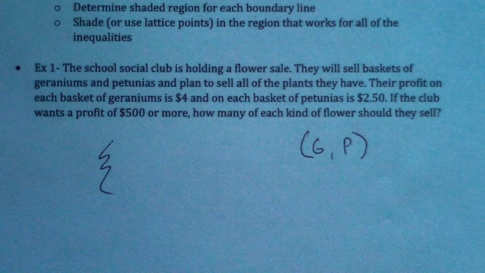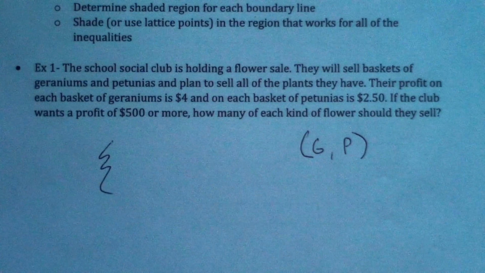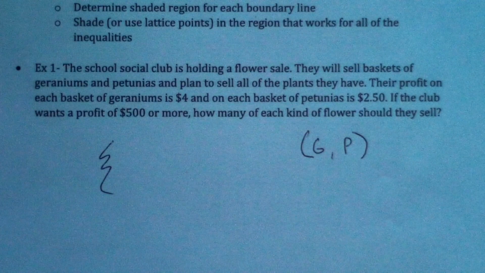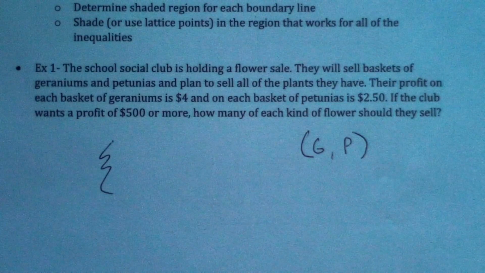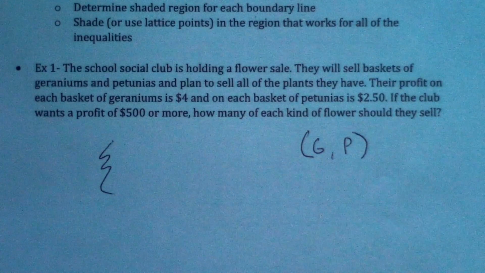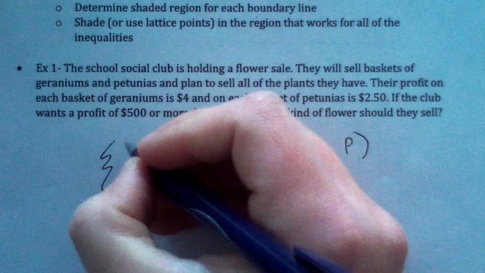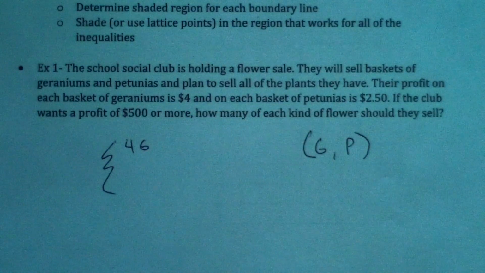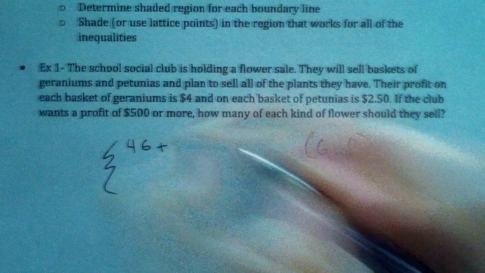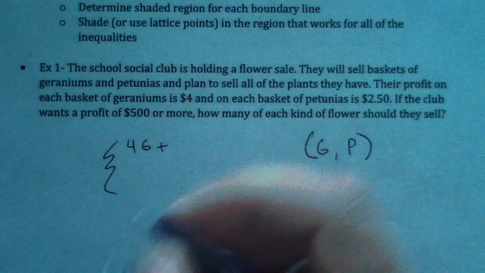Okay, so if I take each of my geraniums I sell times $4, so 4 times my geraniums, plus I take $2.50 times my number of petunias I sell. I want that to be $500 or more. Okay, so I'm going to have my 500 off to the side there.